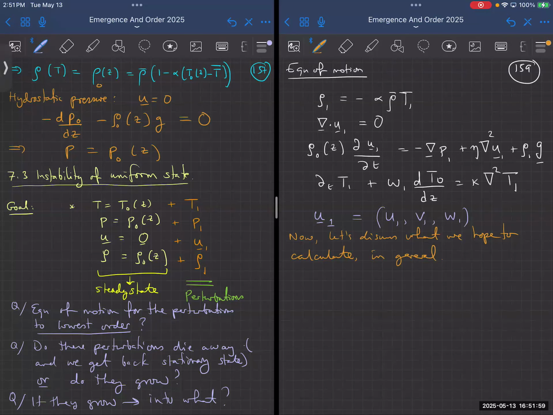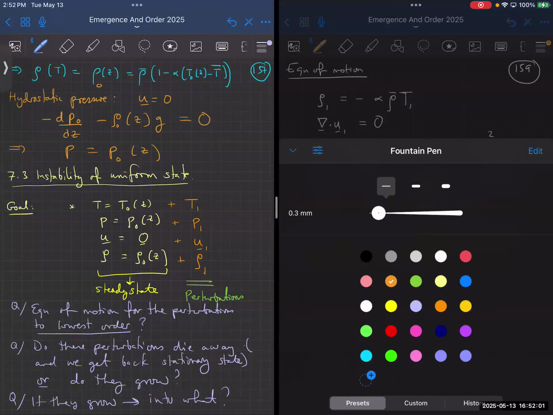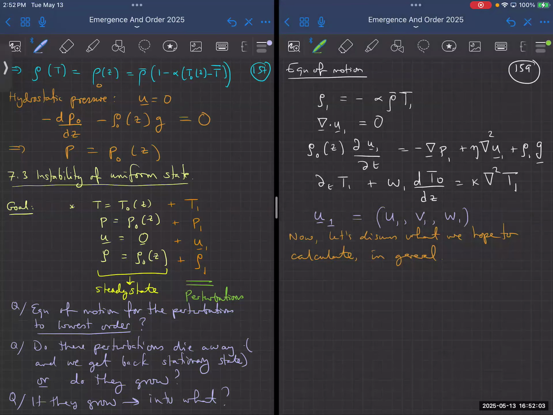So what we have here is an example of an equation of motion for some field psi that depends on x and t. Psi might be multi-component, it doesn't really matter. It has some nonlinear function of psi, x, and t, so that's the equation of motion that we want.